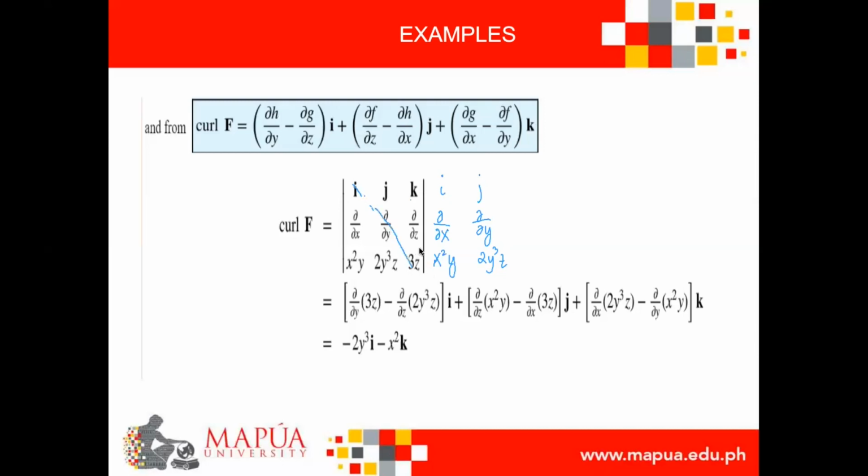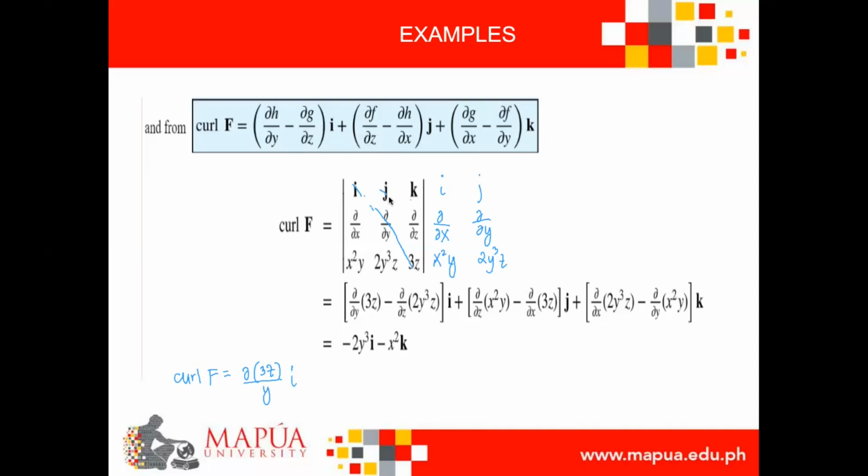So that means we have here the partial derivative of the function 3z with respect to y times i. So let me just write it here. Curl of f is equal to partial derivative of the function 3z with respect to y times i.